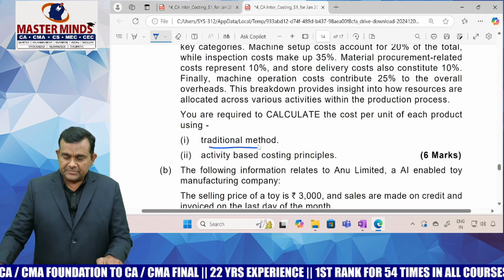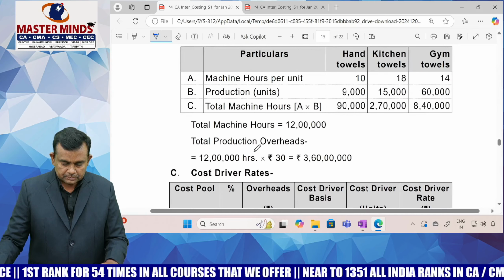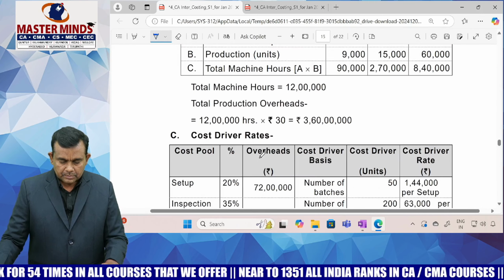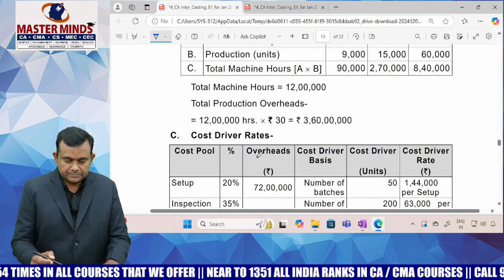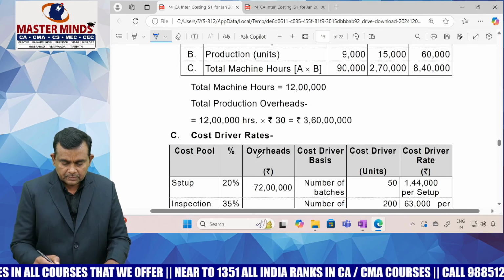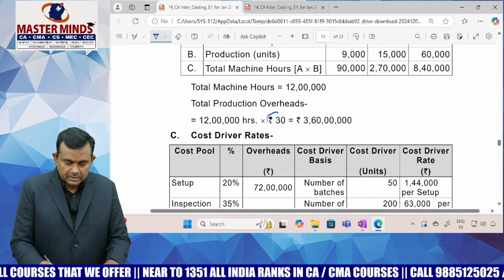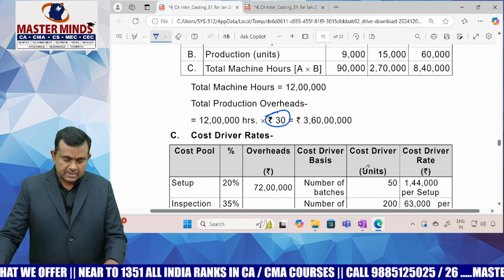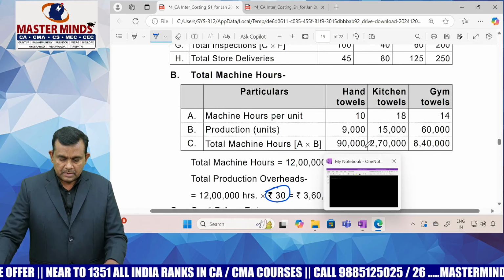So in this problem, here the single overhead rate is 30 rupees. So 360 lakhs. Okay.